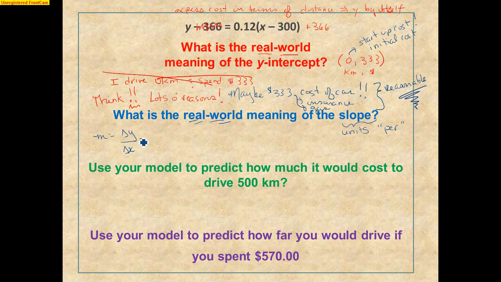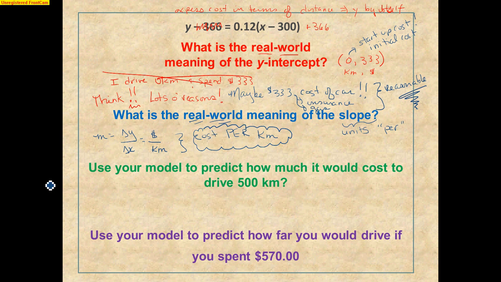But if you put units on this, this is dollars over kilometers, and you say it is the cost per kilometer. This is what gets you credit for the real world meaning of the slope.